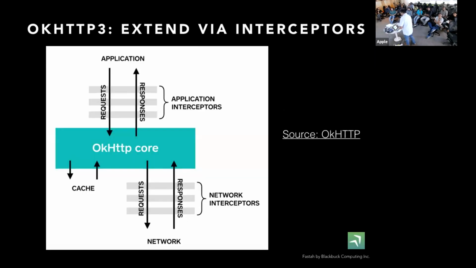So the way that works is OkHttp running on your Android phone, which I showed you in the emulator, has this concept of interceptors, which, as you can see in this figure, plug into two places. One is the network interceptor, which is going out from the core networking layer, out to the network.